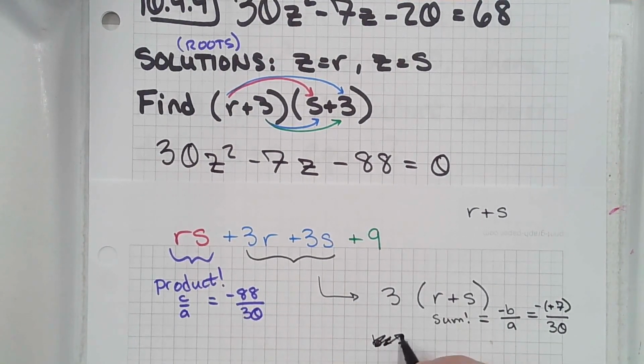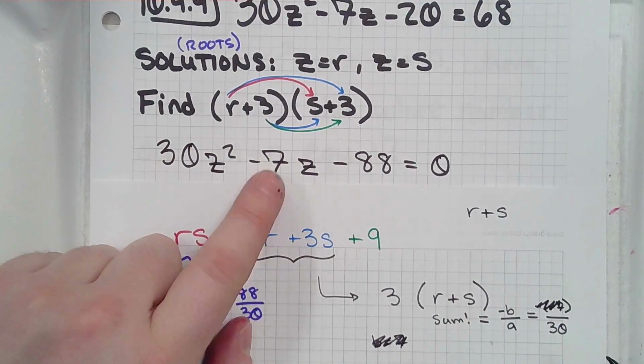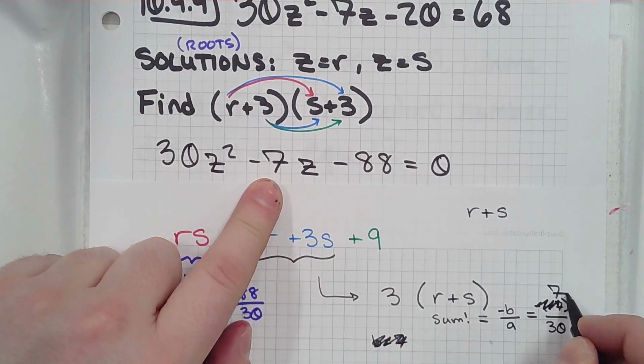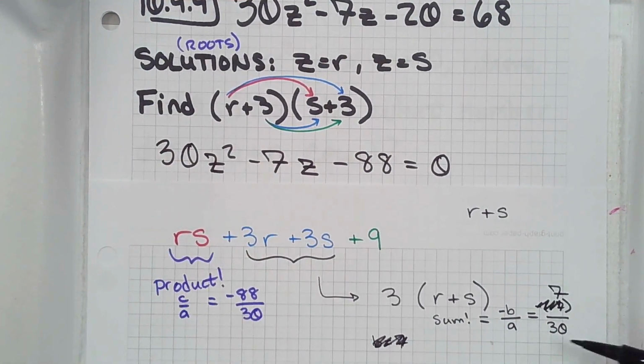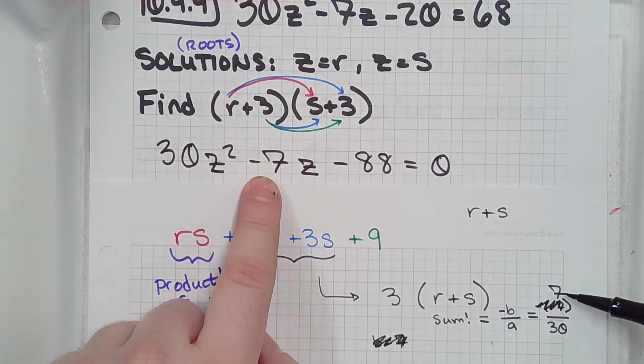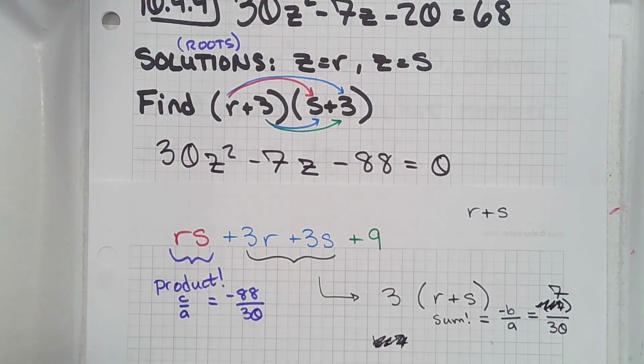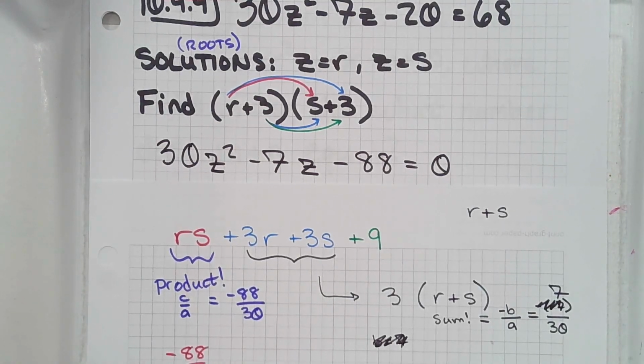Well, hold on a second. I knew I goofed this up. So it's the opposite of B. So what's the opposite of negative 7? It's just 7. There we go. So 7 over 30 is what we get when we do negative B, the opposite of this. That's what that means, right? Negate it. If you negate a negative, it comes out positive. And then A. So all in all, our equation becomes this. The RS becomes negative 88 over 30.